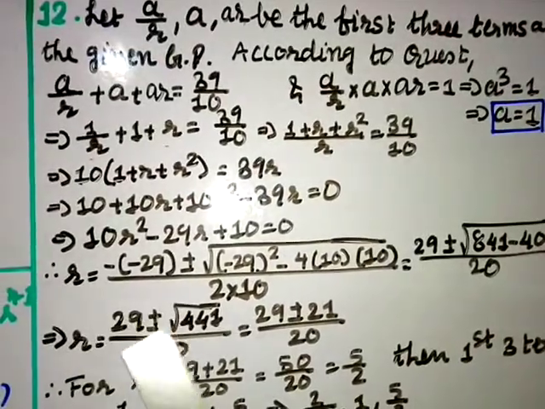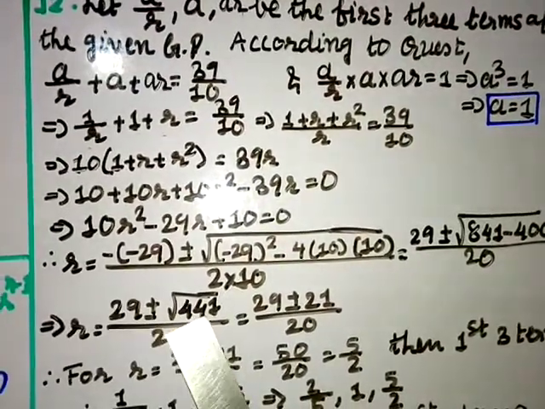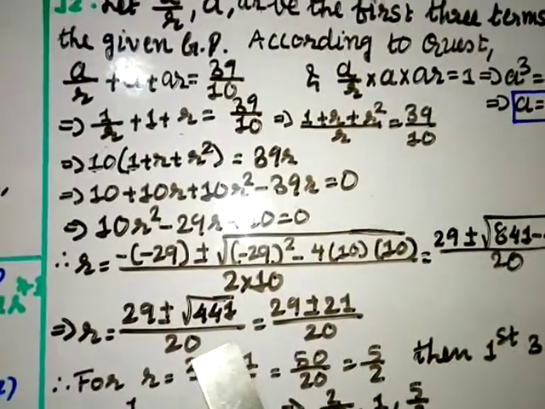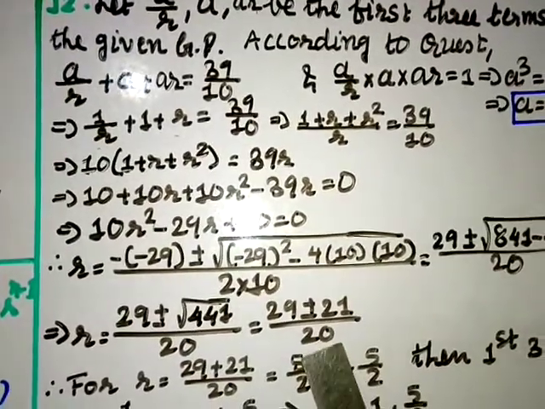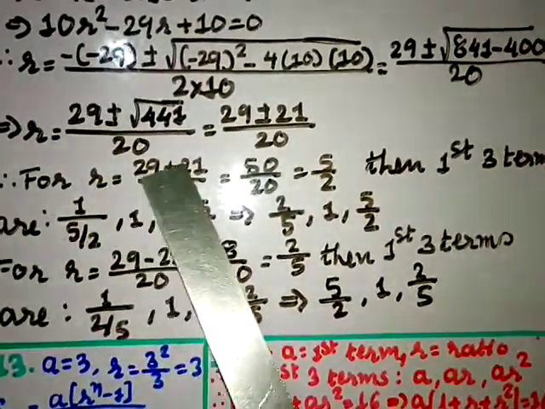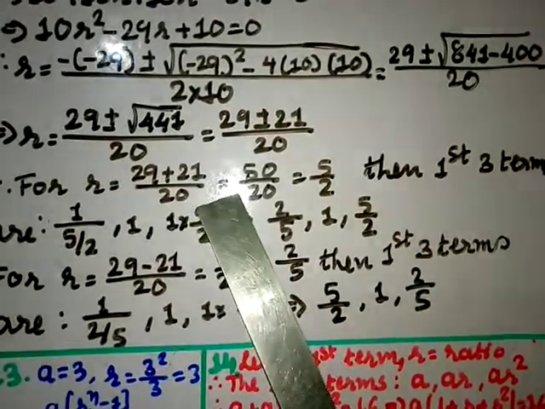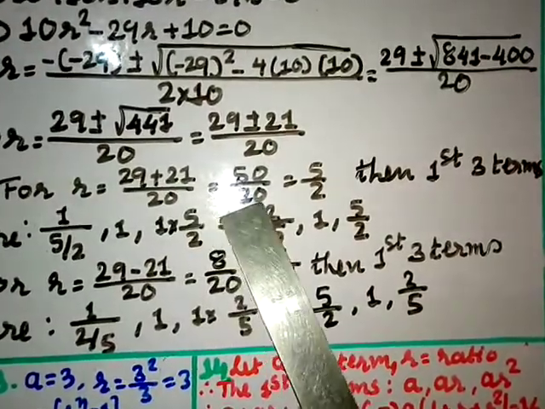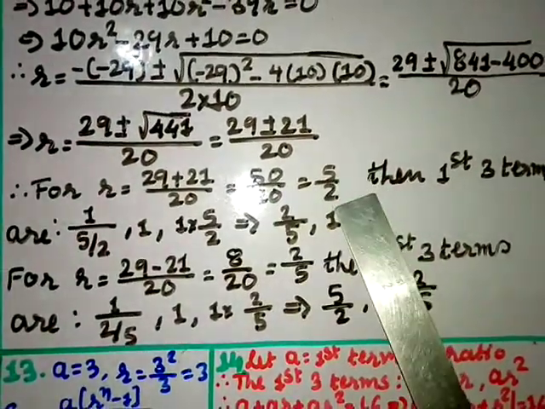Now here 29 plus or minus the square root of 441 divided by 20. Now this square root is 21 by 20. So first we'll take the value positive, then we'll take the negative value. So for r equal to 29 plus 21 by 20, this sum is 50 by 20. That means you can cancel the 0s, so you get 5 by 2.